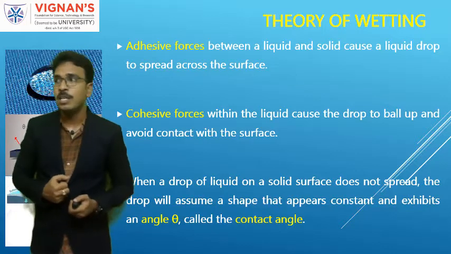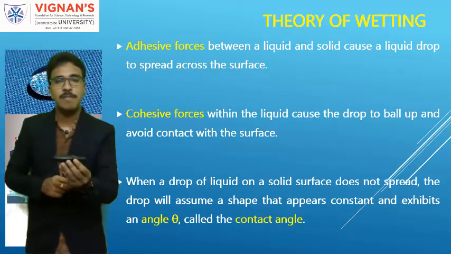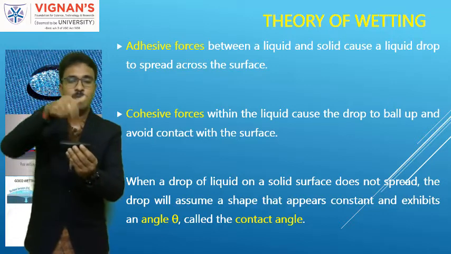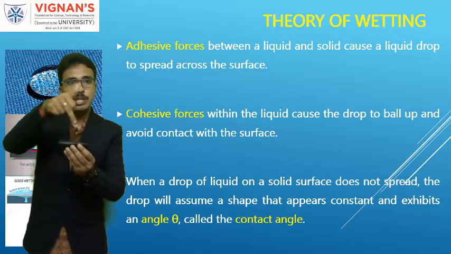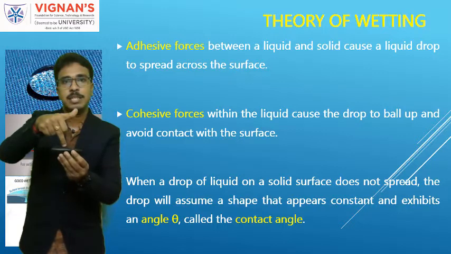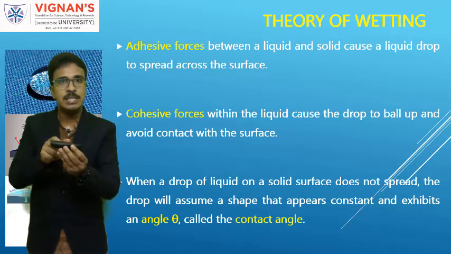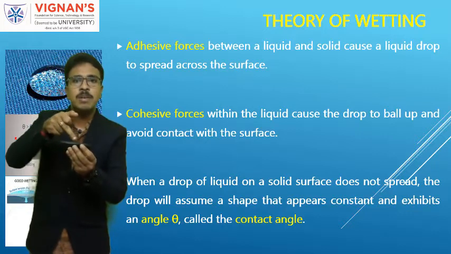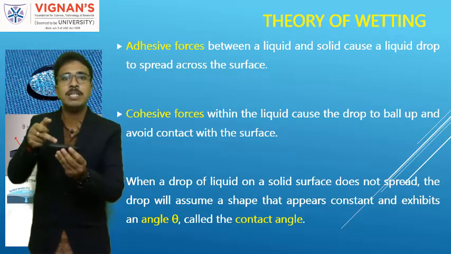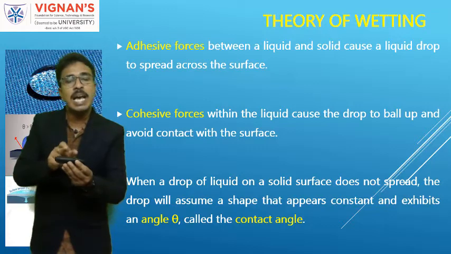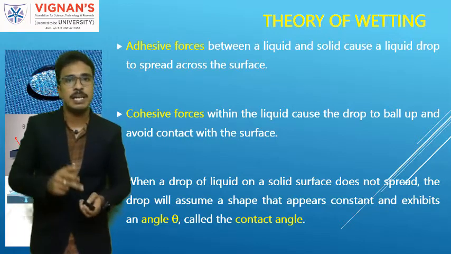So you are taking a solid surface and putting a drop of water. Think that the drop does not spread on the solid surface. Obviously the drop will make some angle with the fabric surface. This angle we call the contact angle.